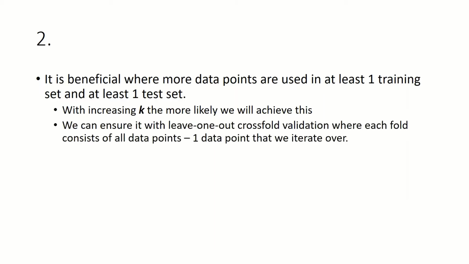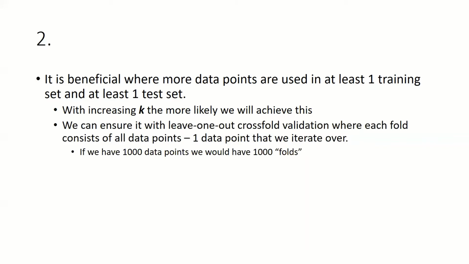You can also enforce this. This is a special type of K crossfold validation where you take all the training data apart from one point. You train on 99.999% of the data and you test on just the remaining data point, and you just keep doing this until you've gone through all the data points. So that's an extreme way of doing it.